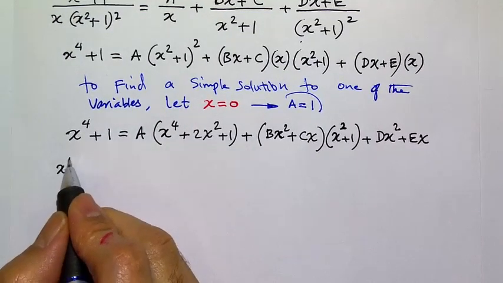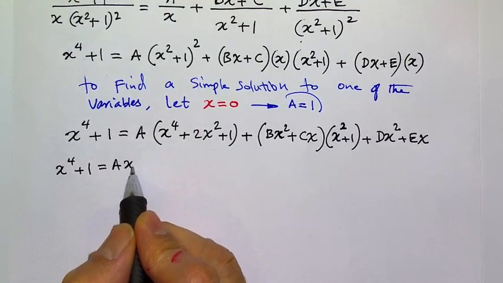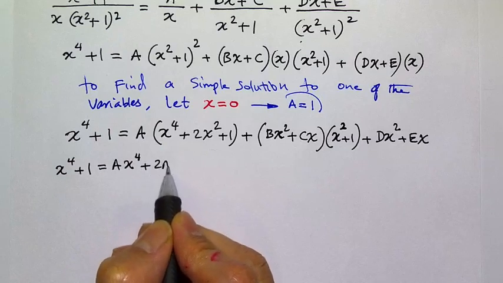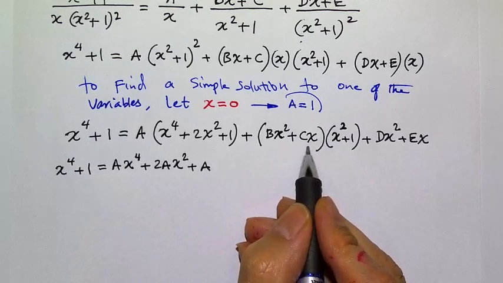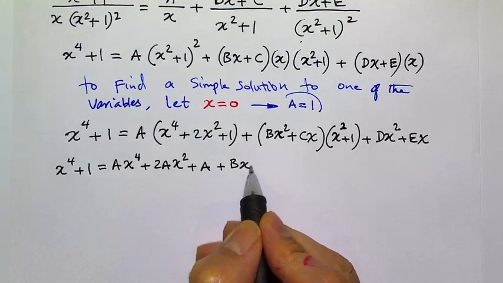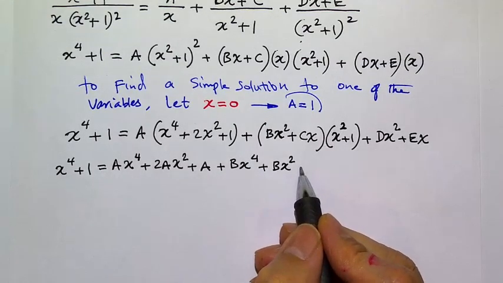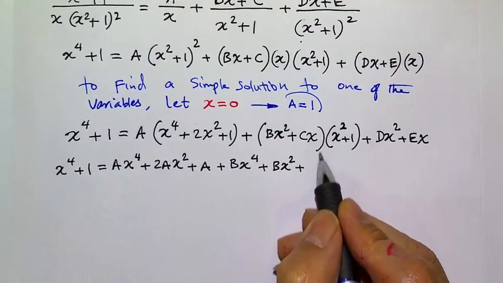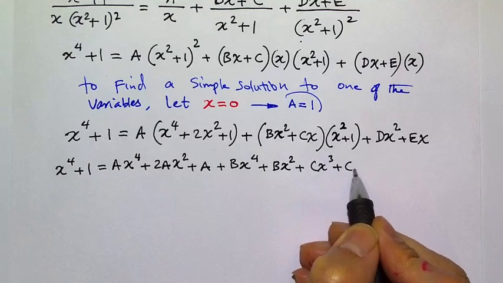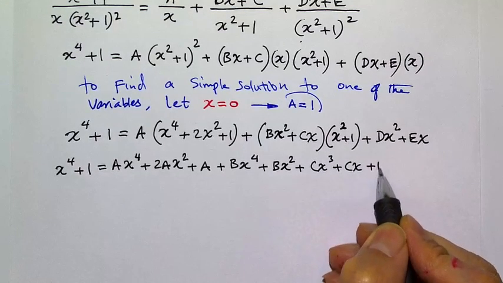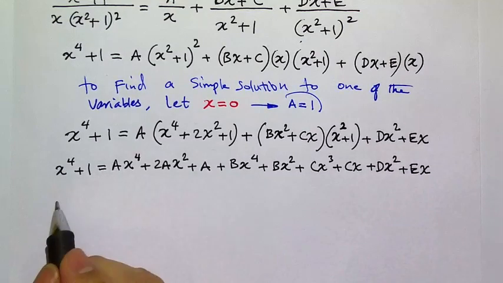Let's distribute, so we get a times x to the 4th plus 2a x squared plus a, and then here we get b x to the 4th plus bx squared, excuse me, plus cx cubed plus cx.